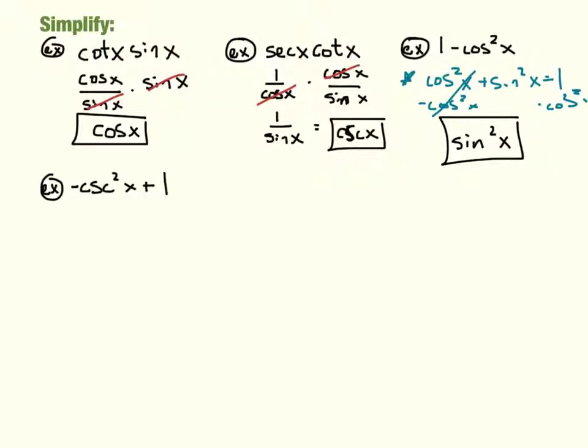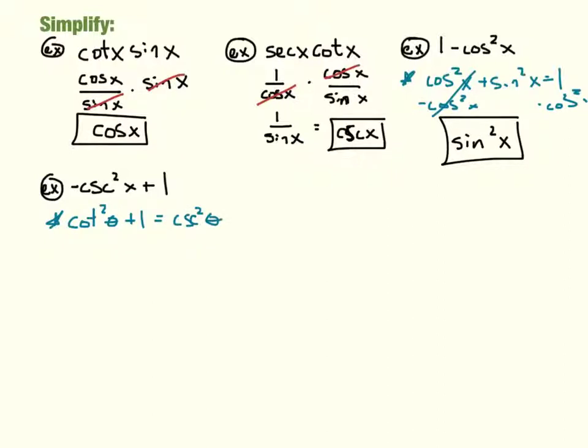Okay, so for negative cosecant squared x plus 1, I think back to my trig identity. Whenever I put a star, I'm saying that I'm thinking back, right? Because we're given expressions, not equations. Now, this is an equation, the identity. Cotangent squared theta plus 1 equals cosecant squared theta.